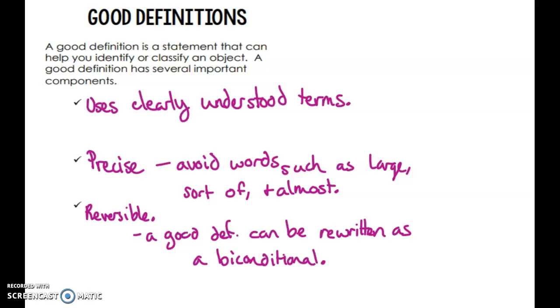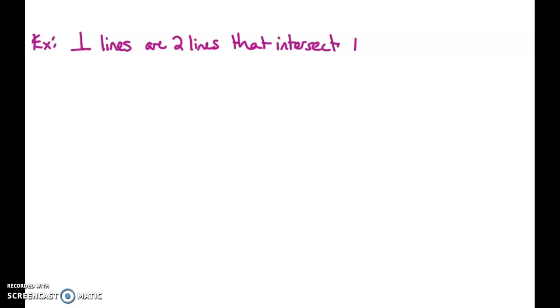Okay. So in the space under the check marks, I would like to do an example, all right? So here's my example. All right, let's use the definition of perpendicular lines. I'm going to use symbols because I use them a lot in geometry because we do so much writing. So perpendicular, that's the symbol for perpendicular. Perpendicular lines are two lines that intersect to form right angles.